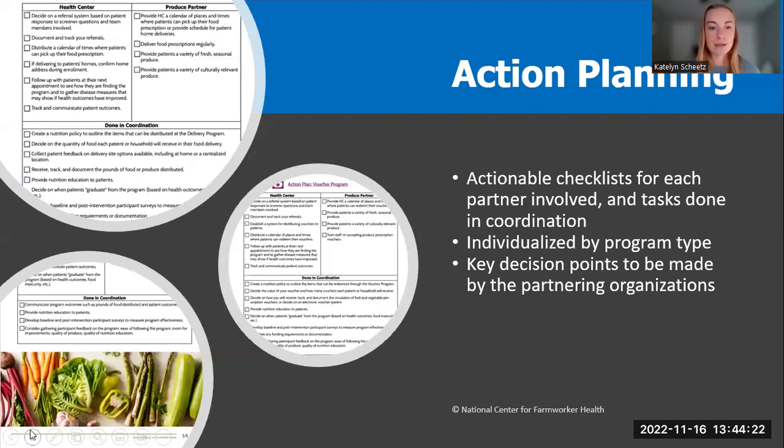A lot of the checklists in the action planning are key decision points that need to be made by the partnering organizations to determine the structure of your program. We knew that not all organizations would be totally ready or comfortable making those decisions, so we included some key follow-up information, which I'll go over in some of the following slides.